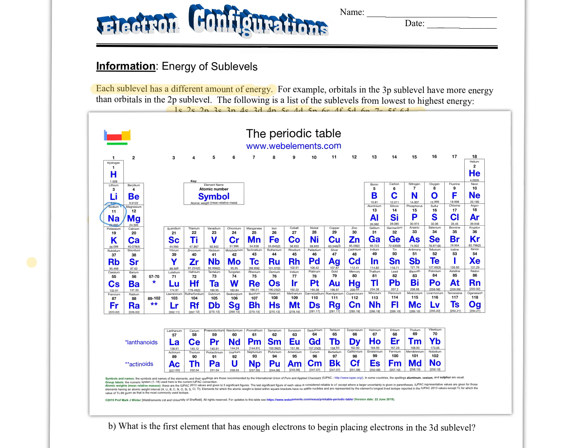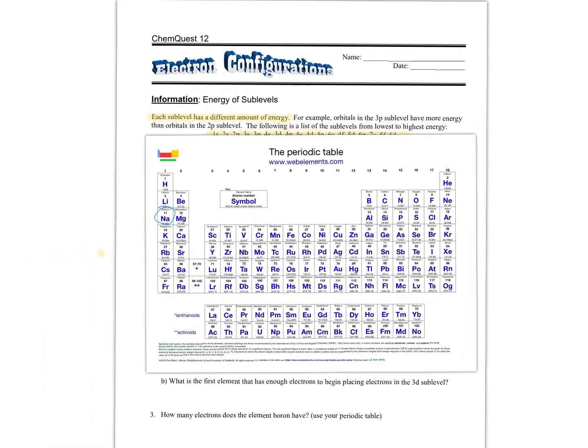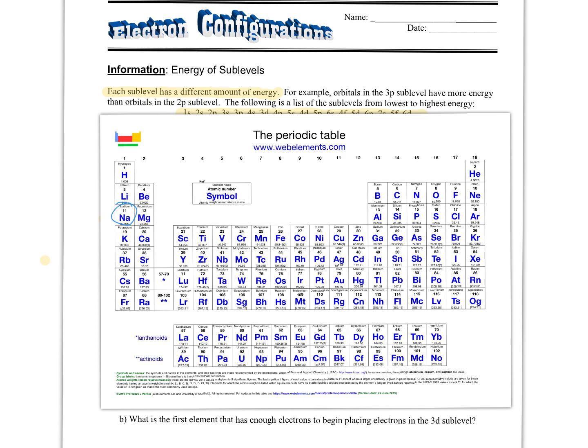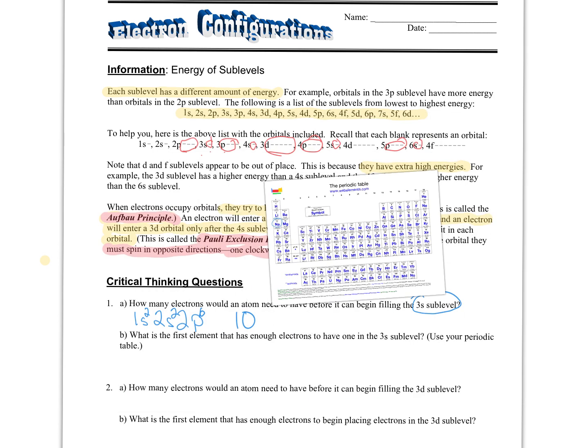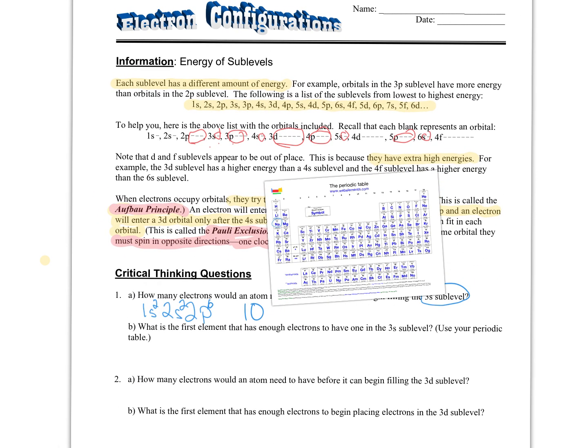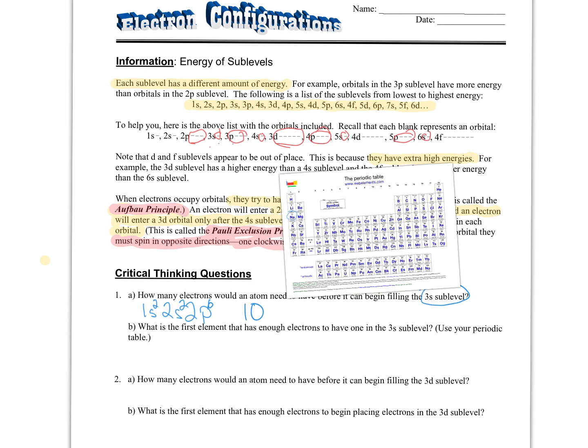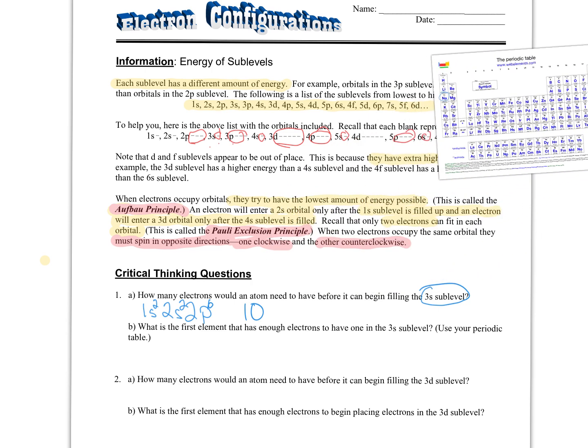So that would be my sodium right there. Sodium has 11 electrons. So let's put this back. All right, what is the first element that has enough electrons? That would be sodium, Na.